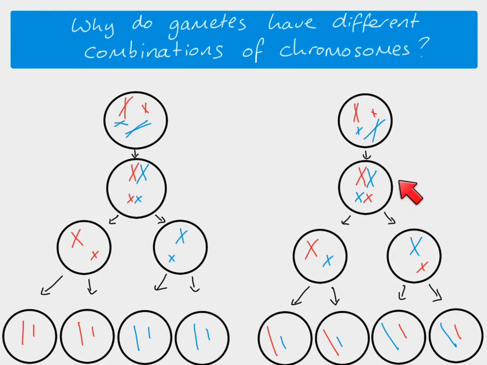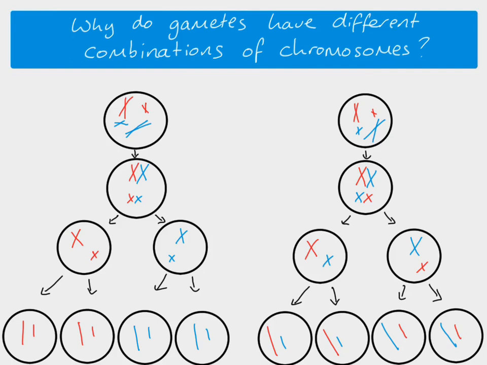Independent assortment is called that because the different homologous pairs are independent from one another. This pair can line up in a certain way, in this case red-blue, and this pair lines up independently, so it could line up blue-red or red-blue. The pairs are independent of one another. In this cell you've only got 2 pairs, but in humans we've got 23 pairs.